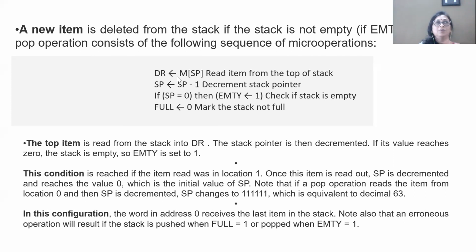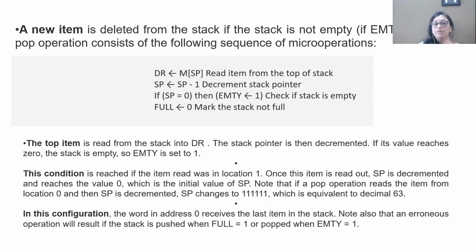In order to perform the pop operation, you have to move the data from the top of the stack to the data register. That is, you have to delete the element from the top of the stack and move it to the data register. And after deletion, you have to decrement the stack pointer by 1.